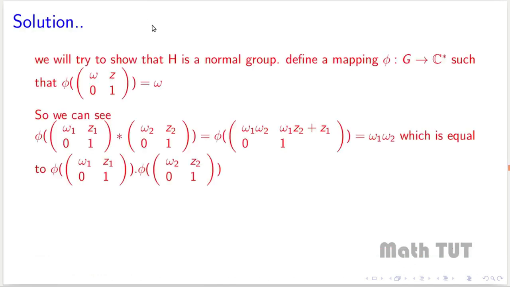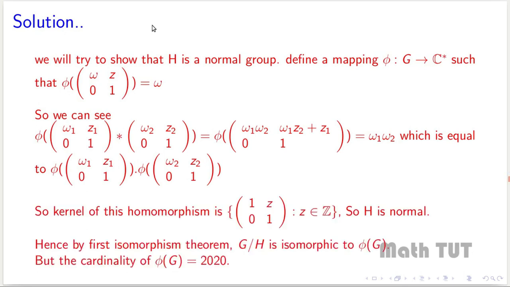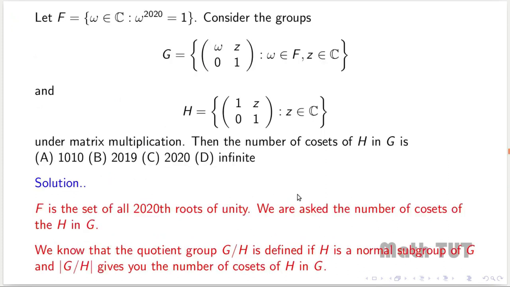So the cardinality of phi of G is 2020, and hence the number of elements in G by H is also 2020. So the number of cosets of H in G is 2020, and the correct option is C, that is 2020.